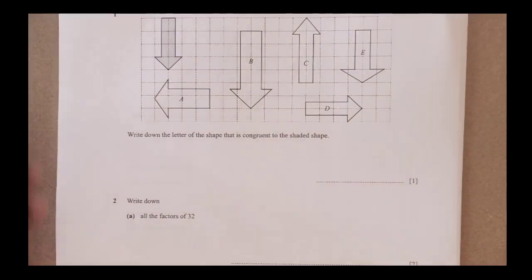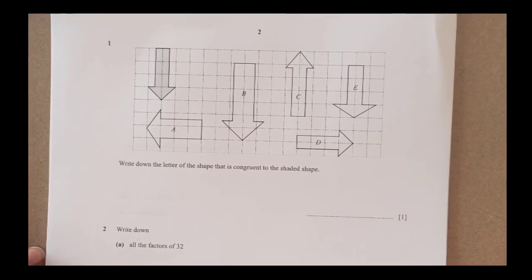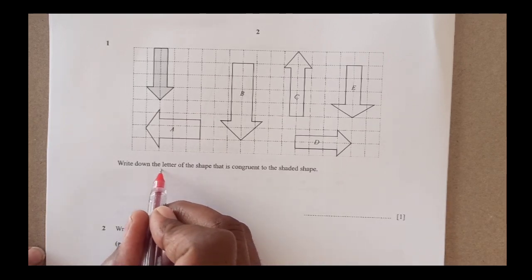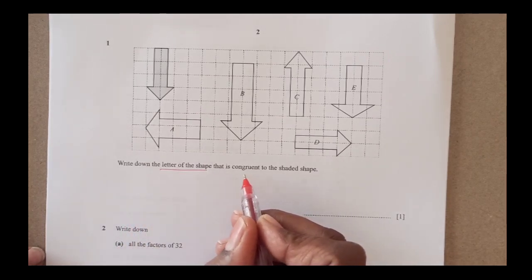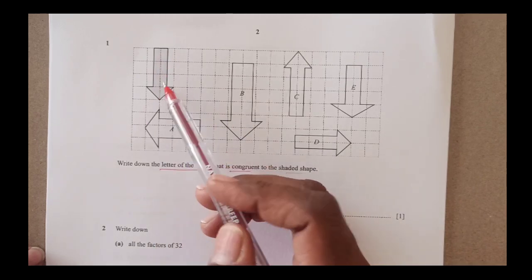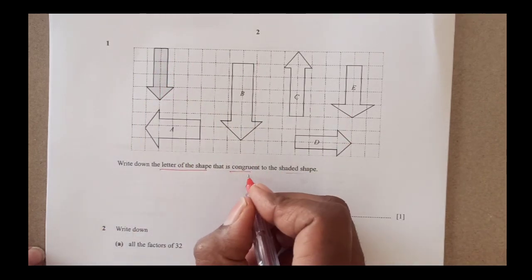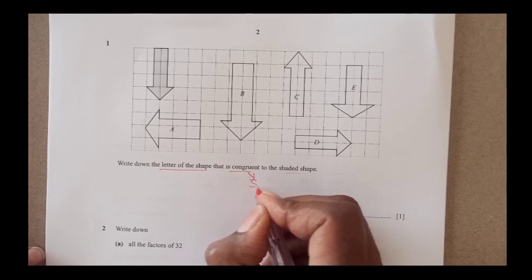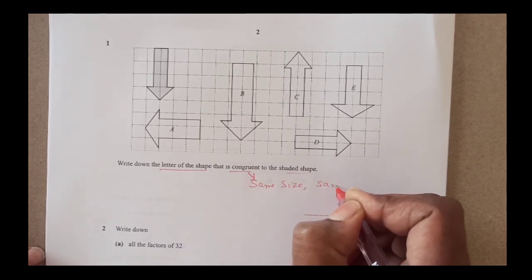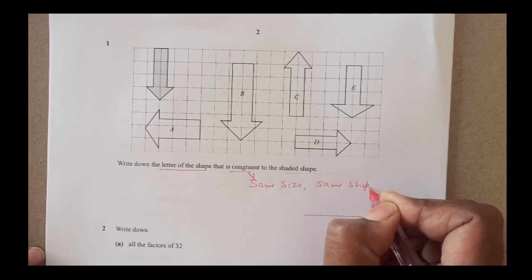Now let's start. The question number 1 that I have here, you can see some arrows here. Write down the letter of the shape that is congruent to the shaded shape. So this one is shaded here. We are looking for the congruent. Now the congruent shape should have the same size and same shape, right?